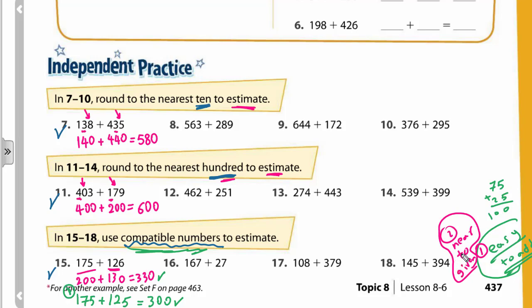And choose any two numbers. So for compatible numbers, we may get more than one correct answer. But for rounding to the nearest 10 and the nearest 100, you will not get more than one answer. Your answers should be the same every time. All of you will get the same answer. But for compatible numbers, you may get different answers. Okay, thank you, Faris.